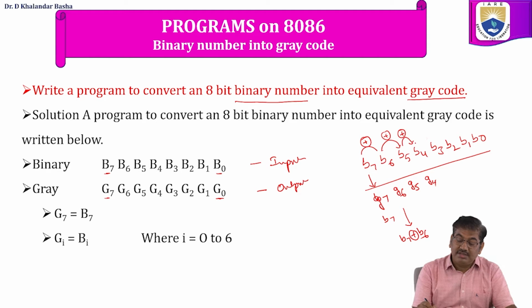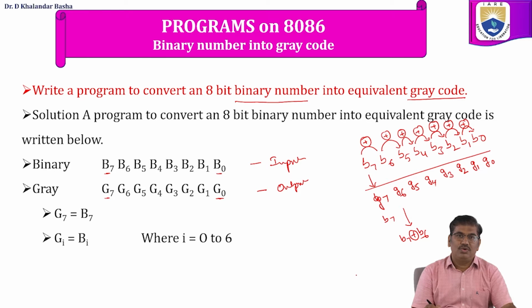B4 XOR with B3 for generating gray code 3rd bit. Next, B3 will be XORed with B2 for generating G2. B2 will be XORed with B1 for generating G1 bit of gray code. B1 will be XORed with B0 for generating the LSB bit of the gray code.